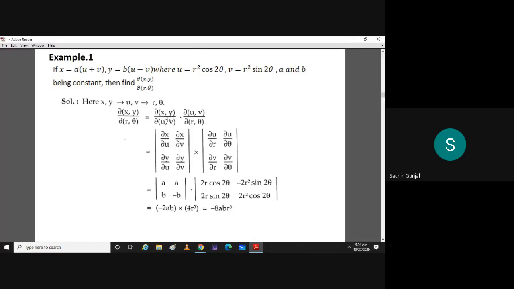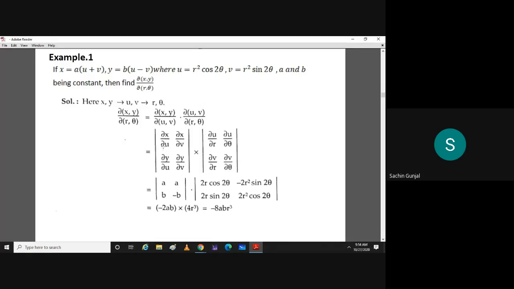So first Jacobian is x with respect to u, then x with respect to v. Second row is y with respect to u and y with respect to v. The second Jacobian, u with respect to r, u with respect to theta, and v with respect to r, v with respect to theta.